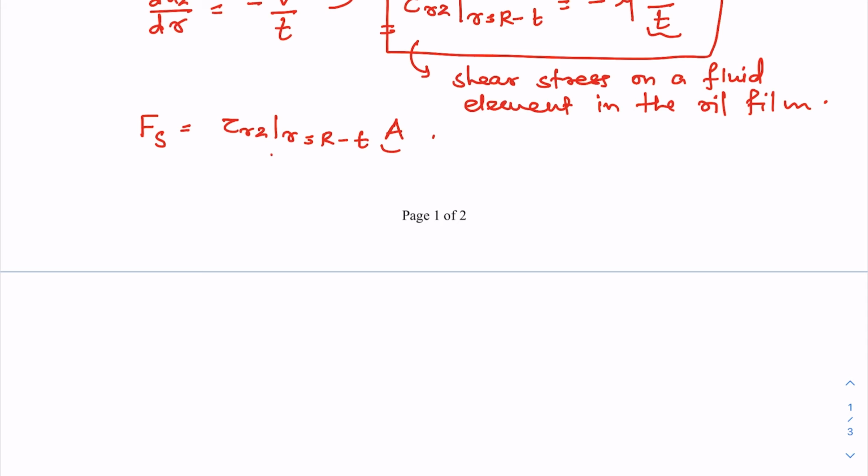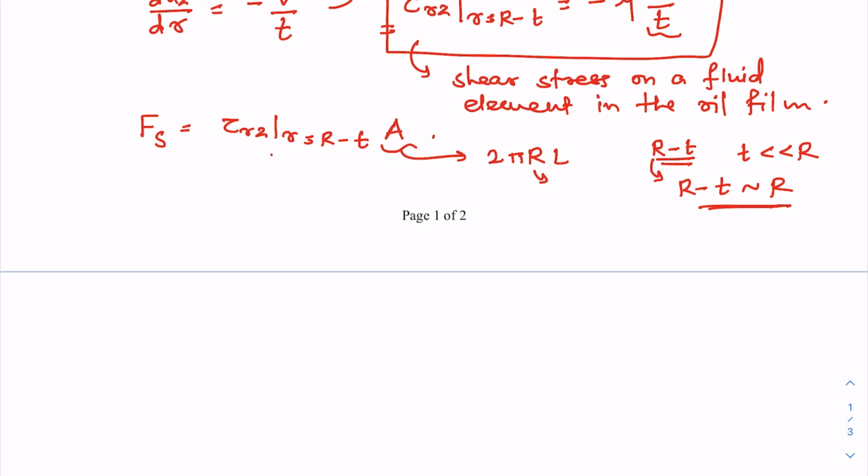The surface area here is basically the surface area of a cylinder, which is given by 2 pi r L. Again, notice that we should be using r minus t for the radius of the cylinder because r is the inner radius of the steel tube, but since t is very small compared to r, r minus t is very close to r. So we will just use r as the radius of the piston as well, and L is the piston length, which is given in the problem.